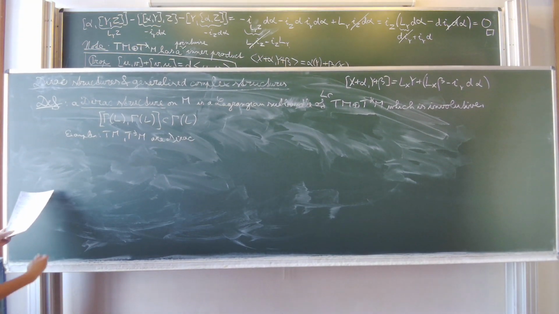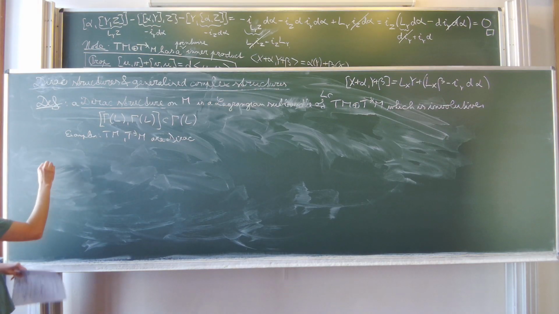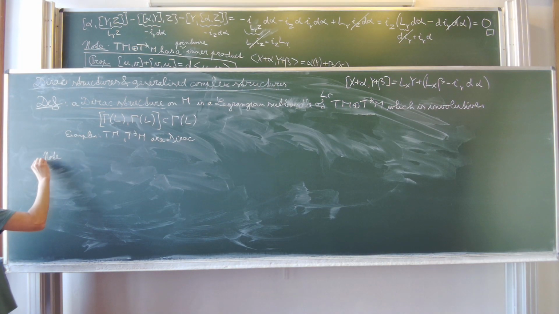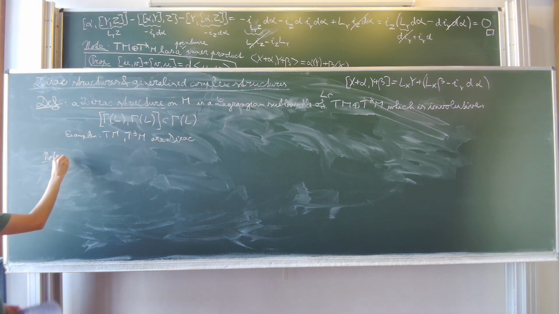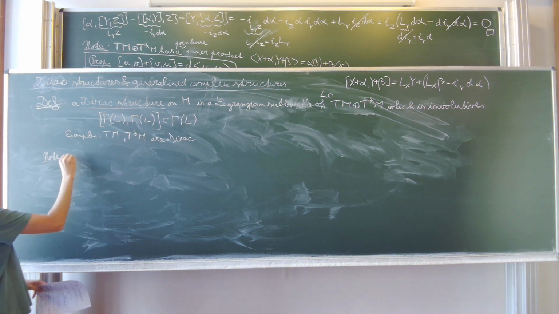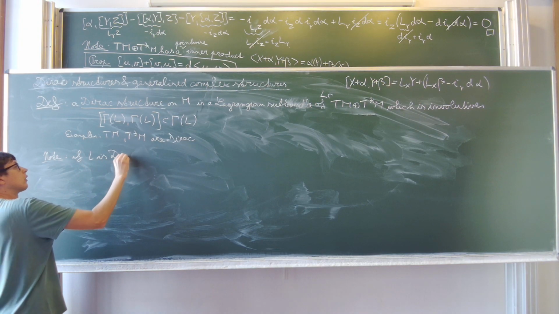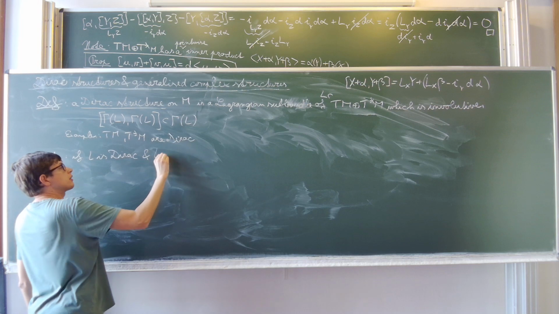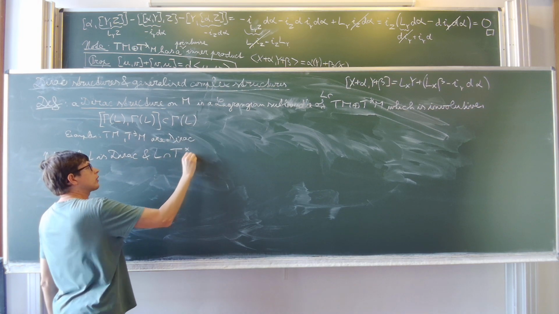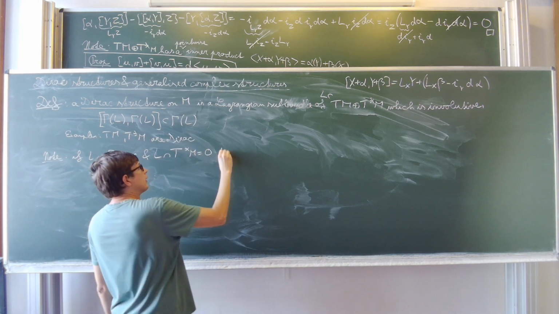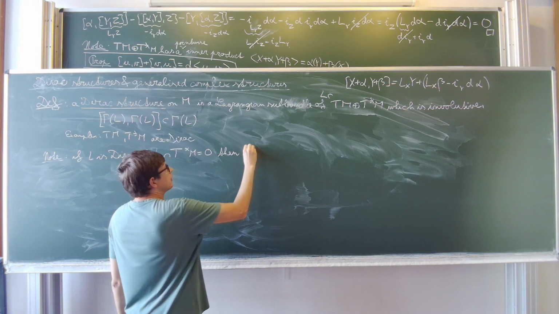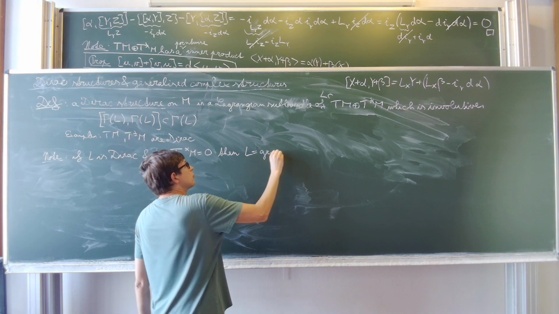Now a little bit more generally. Again, I will use this linear algebraic fact that we had before. If L is Dirac and it has zero intersection with the cotangent bundle, then we already know from the linear algebra analysis that L is actually a graph of some two-form.